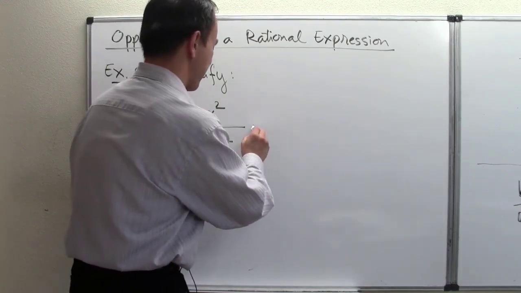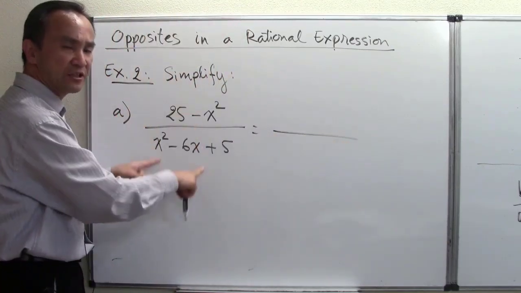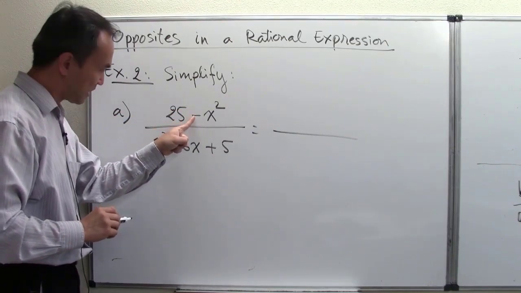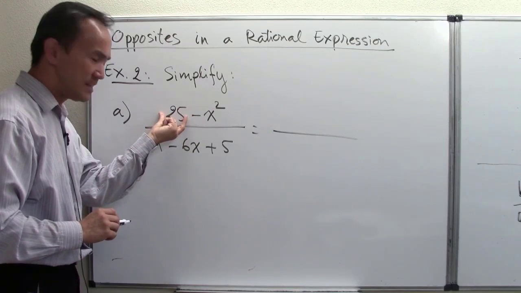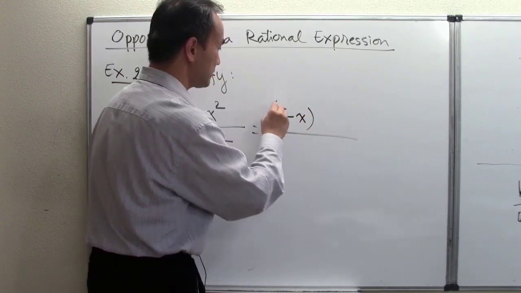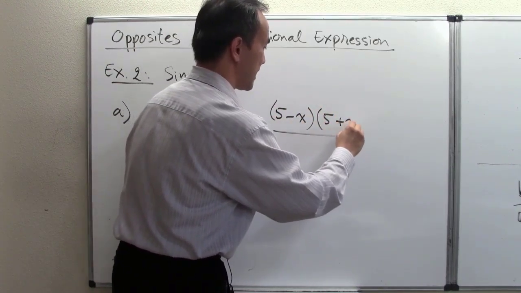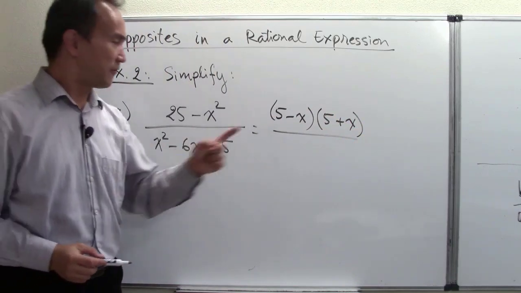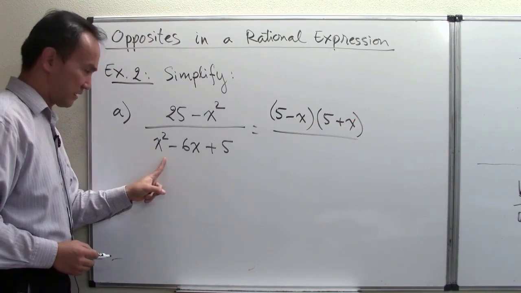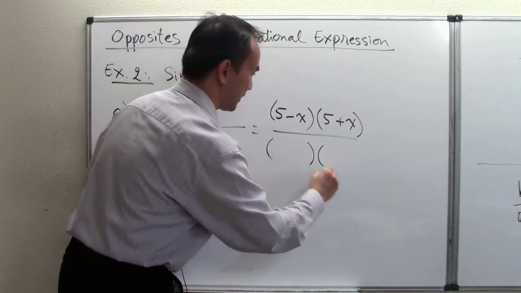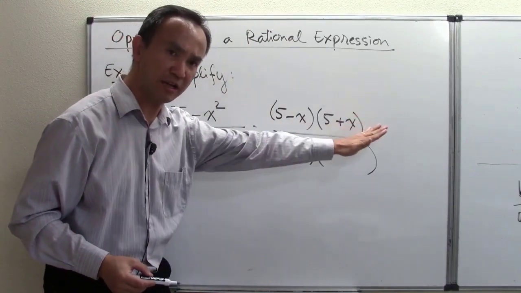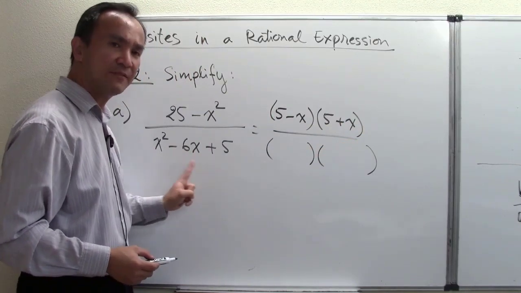First step, I am going to completely factor the numerator and denominator. Here I recognize a difference of two squares: 25 is a perfect square, 5 squared. So 25 minus x squared, I can factor as 5 minus x times 5 plus x. And 5 plus x is exactly the same as x plus 5. My denominator here can be factored into, and again, I have to skip the detailed explanation of how I factor these because I want to leave that for my earlier lessons.